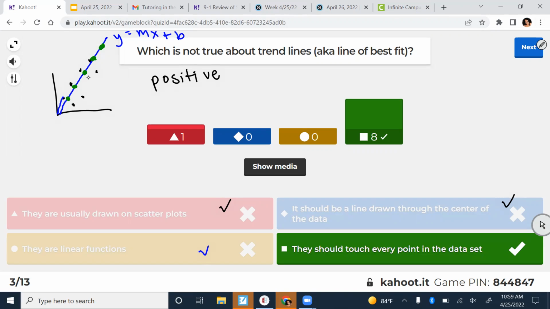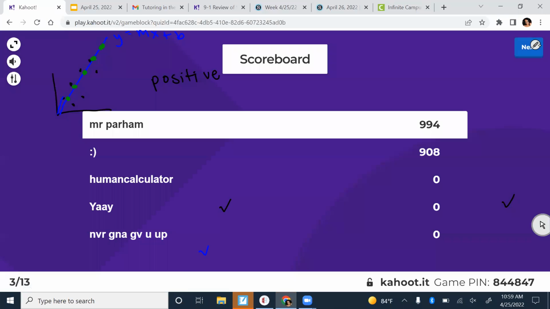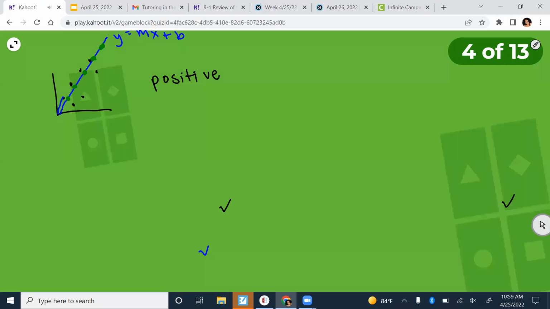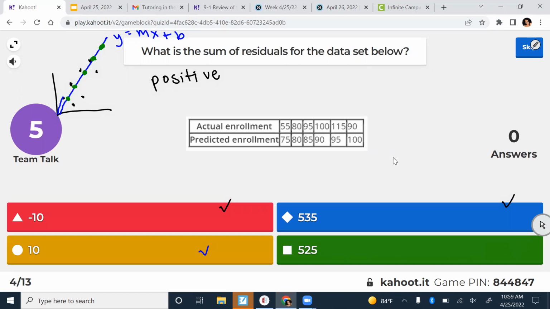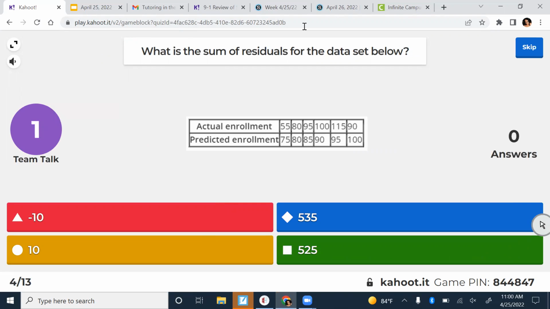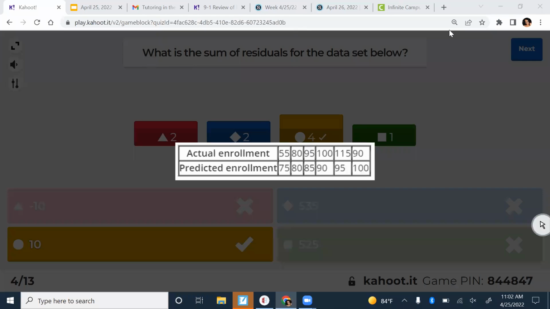All right, so moving on to the next one. This one will probably be our last one, but don't pack up until after we go over it. So what is the sum of the residuals for the data set below? Residuals, at least today, we'll learn more about them tomorrow too. But the formula for residuals is actual minus predicted.